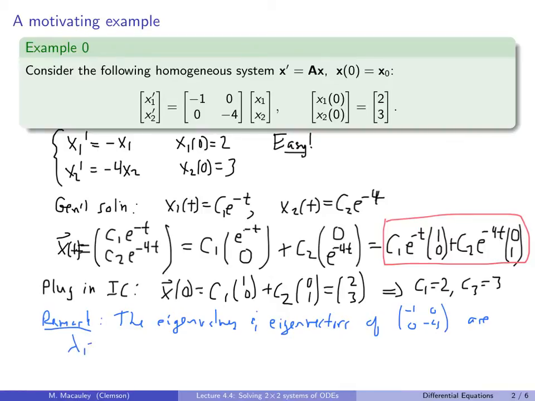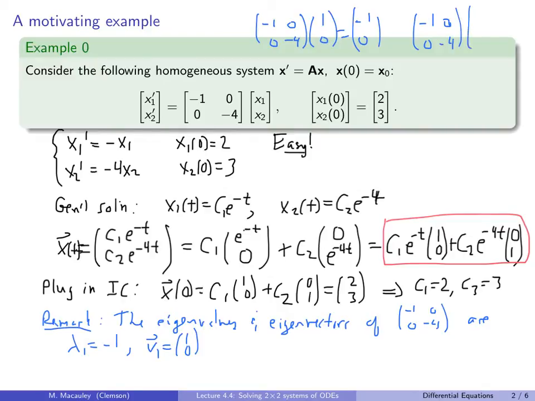So you have lambda 1 equals -1 with corresponding eigenvector (1, 0). Notice that (-1, 0; 0, -4) times (1, 0) equals (-1, 0). And also notice that (-1, 0; 0, -4) times (0, 1) equals (0, -4).